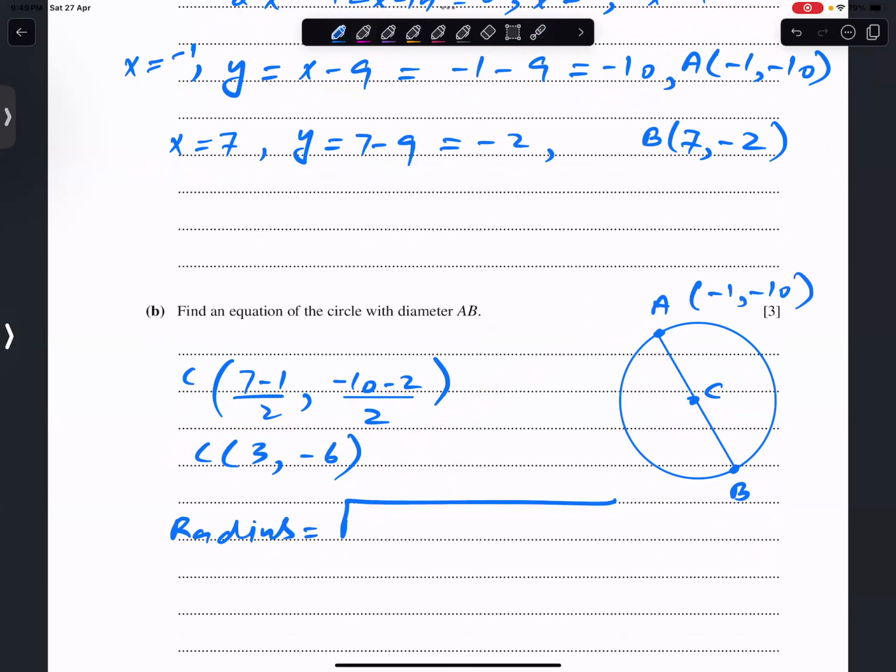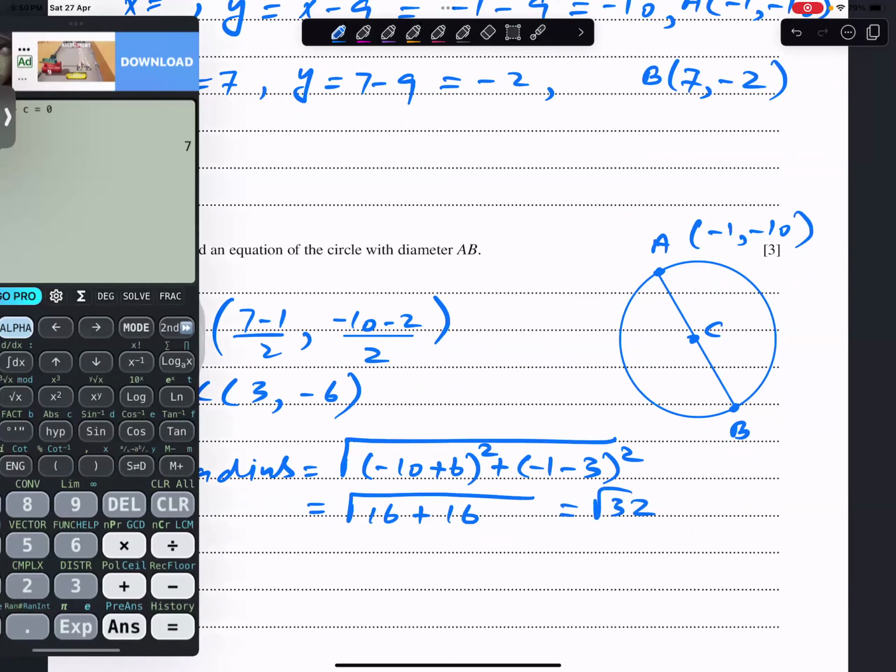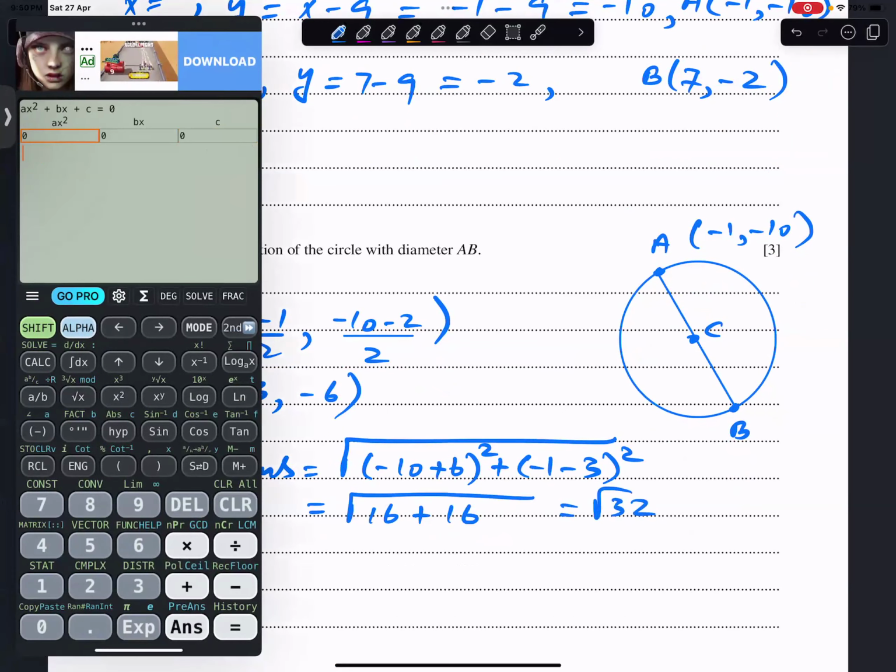So y2 minus y1 squared plus x2 minus x1 whole squared. So that will be 4 squared, 16, plus 4 squared, 16. So root 32. So root 32 will be 4 root 2.